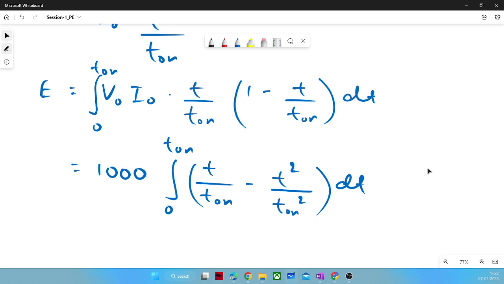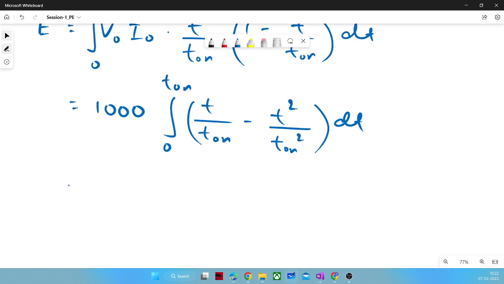I hope it is fine till now. Further simplification we can do, and now we can integrate directly. T on is given, and it is constant anyway.